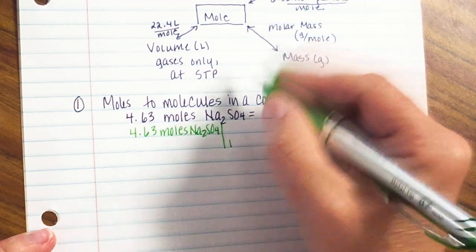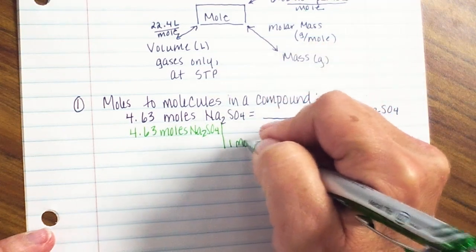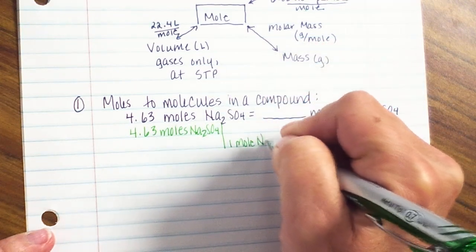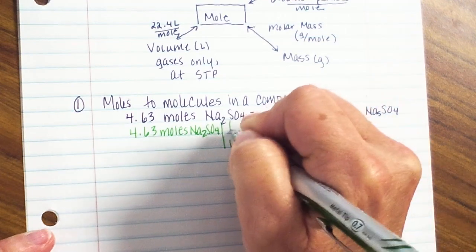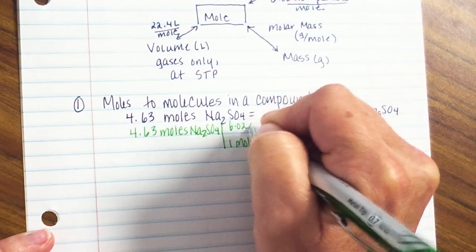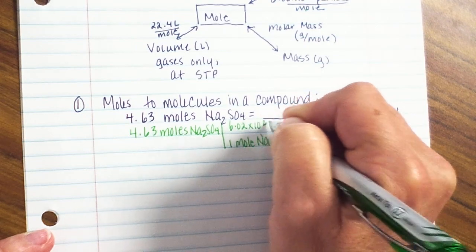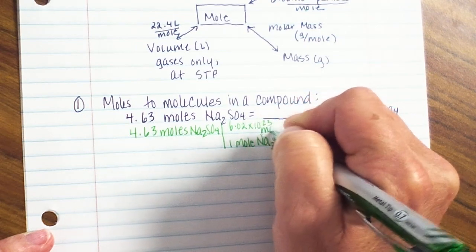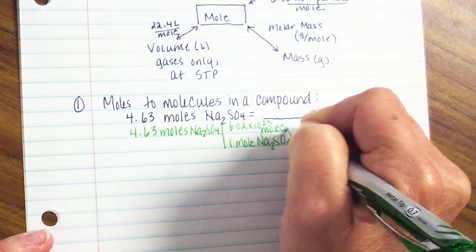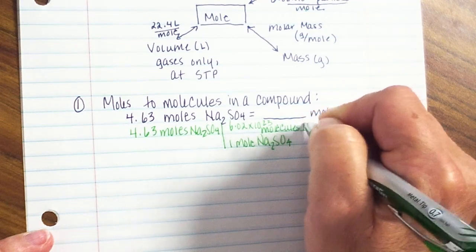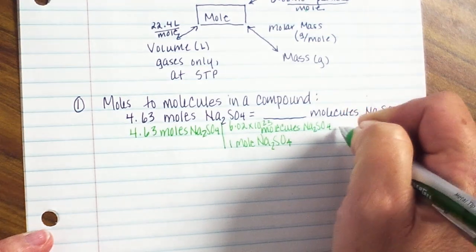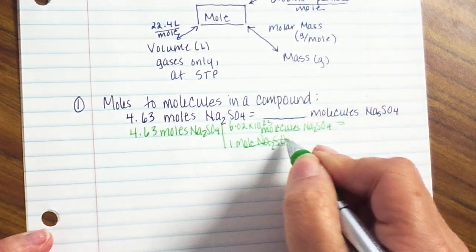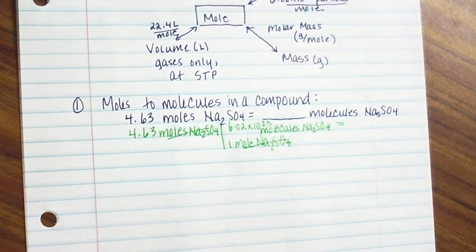So for every 1 mole of sodium sulfate, you have 6.02 times 10 to the 23rd molecules of sodium sulfate. And now I can cancel these out because they are exact moles of sodium sulfate.